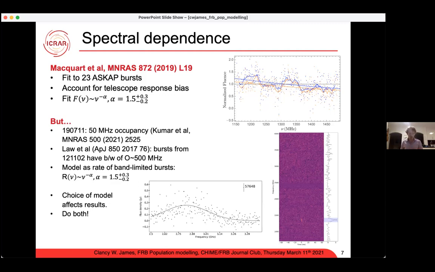Now, to first order, it turns out that if you've got a pure power law with no maximum energy and you ignore the K correction, these two models are equivalent, right? They're linked through the cumulative source count slope gamma. So with gamma of -1, it's all the same. But because of maximum energies and because of K corrections, your choice of these two models does affect the results.